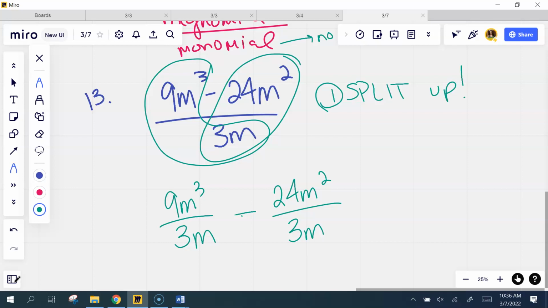Do y'all remember learning this when you learned about fractions? I hope so. If you didn't, that's okay. So now that I have it split up so that there's no addition or subtraction signs anywhere in the top or the bottom, it's just separate fractions, all I have to do is simplify each fraction.